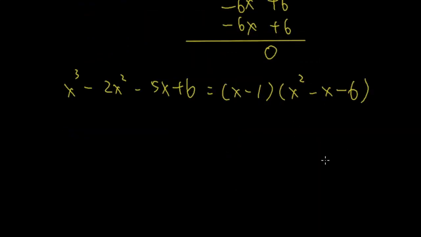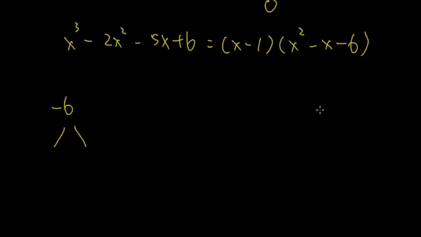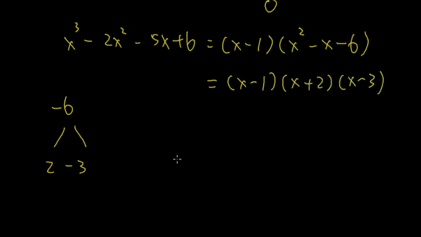It's a quadratic. Let's see if you can find two numbers that multiply to give negative 6 and add together to give negative 1. That would be 2 and negative 3. So that is equal to x minus 1 times x plus 2 times x minus 3. So that's fully factored.